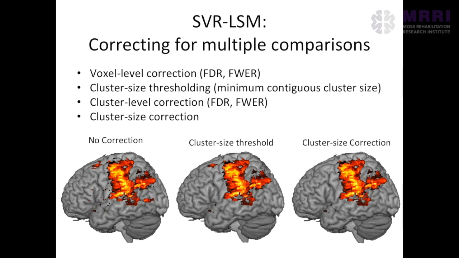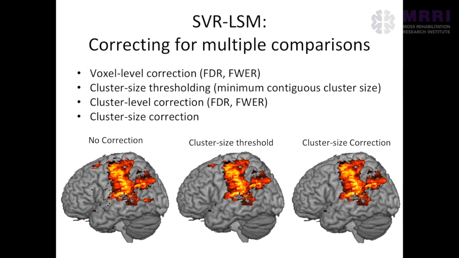The reason is, just to remind you how this works, as you do your permutations, you keep track of all of the cluster sizes that you see in each of your random permutations, and that allows you to build up a distribution of what clusters you might expect to see by chance, so how large they would be expected.